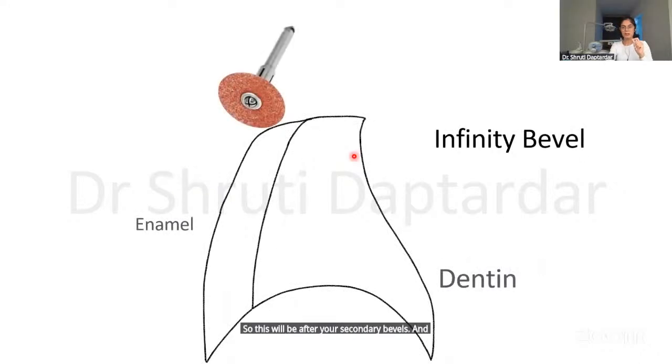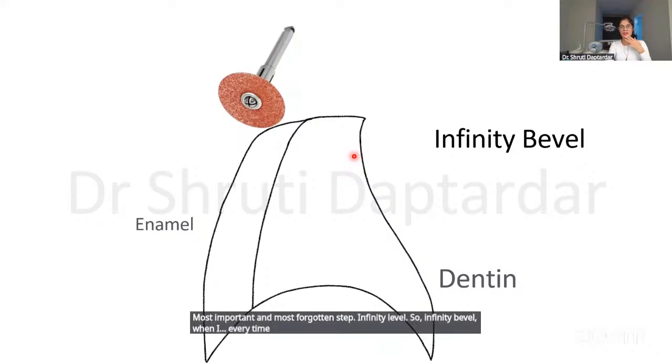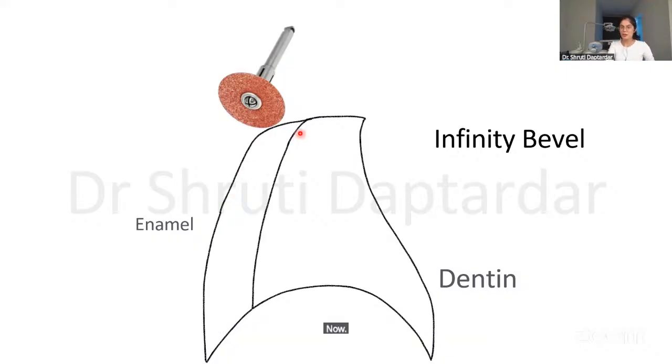And last, most important and most forgotten step, infinity bevel. Every time I speak to someone, they say, give the primary, then the secondary comes, and after that comes the infinity bevel. No, the infinity bevel starts from your primary bevel and then it extends up till the secondary bevel and a little beyond the secondary bevel.